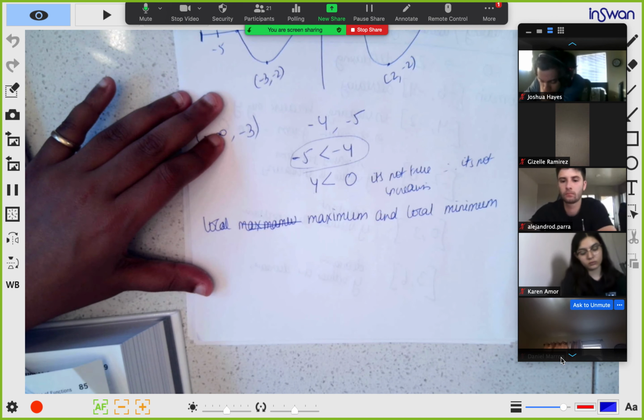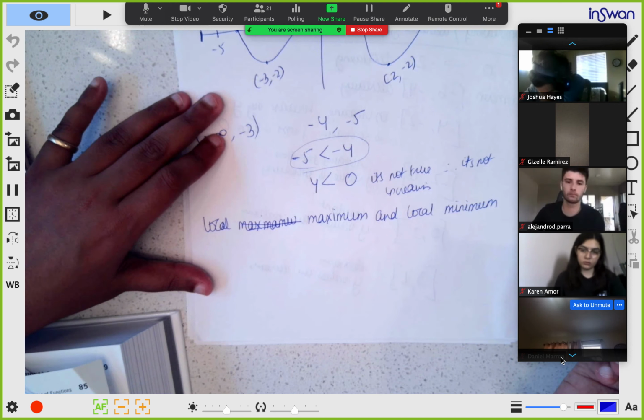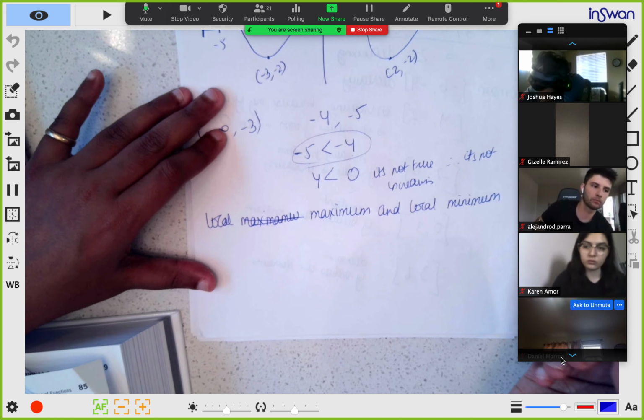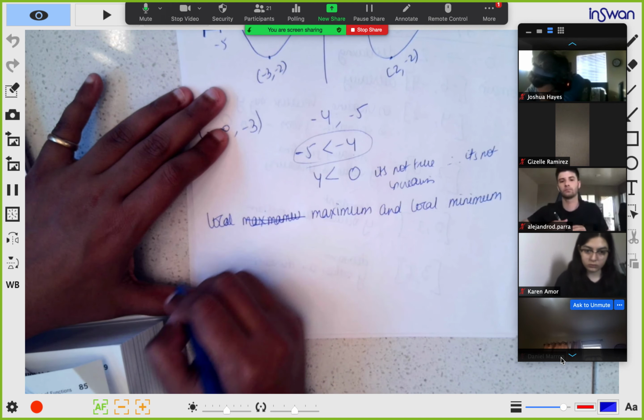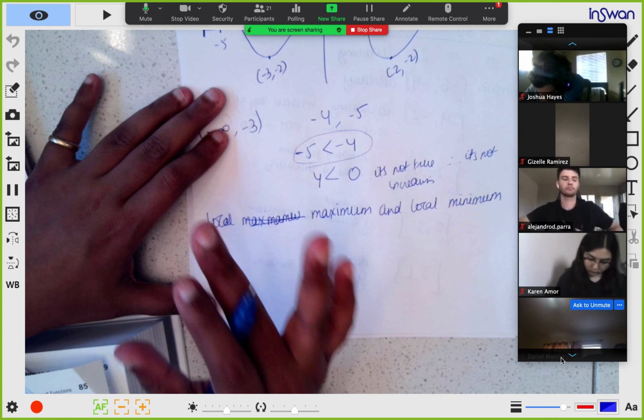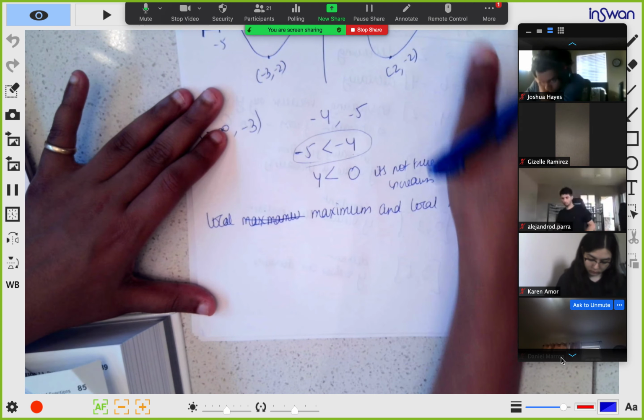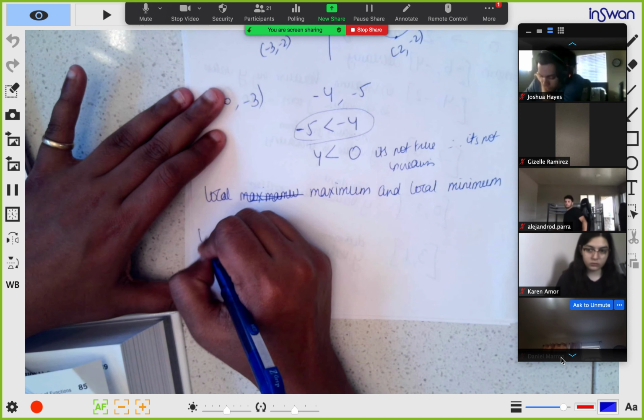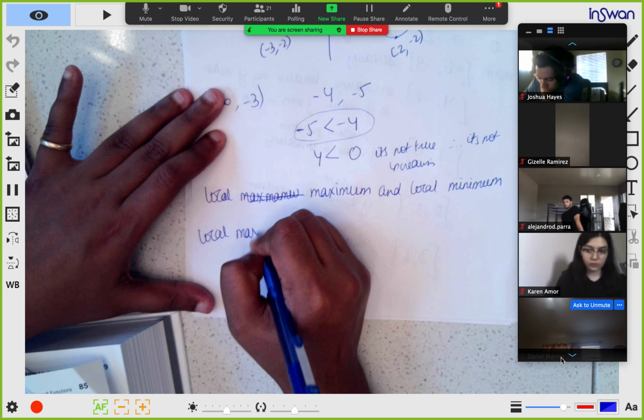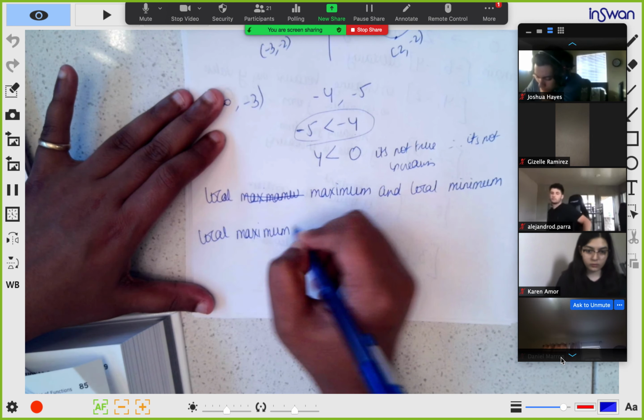We are talking about local maximum and local minimum. In easy words, rather than making it complicated, local maximum at C.